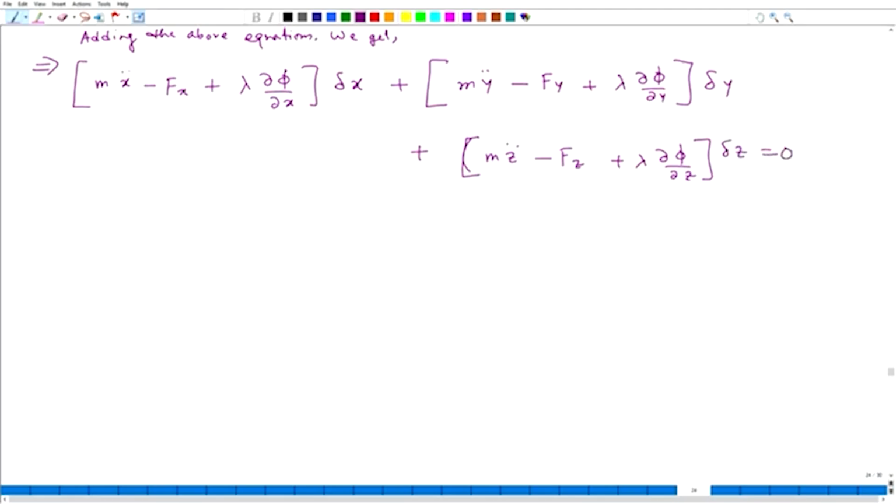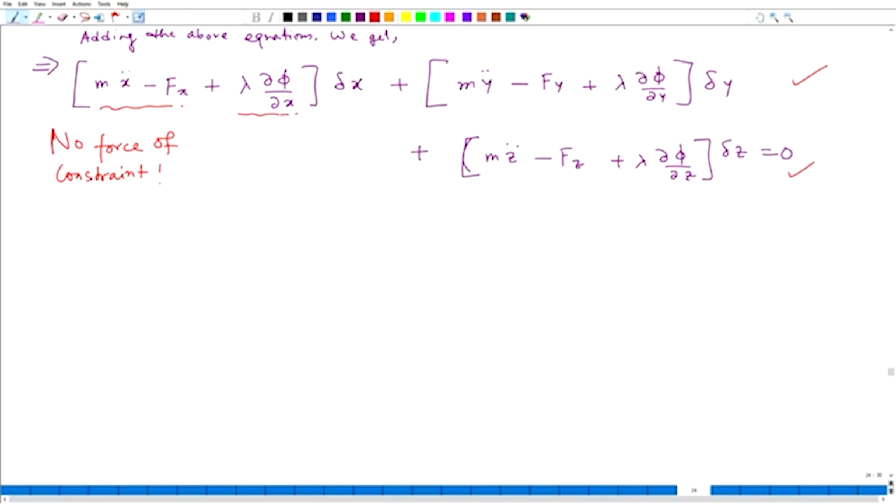Once again you see in this equation there is no force of constraint. But now we have written these two explicitly, that is the D'Alembert's principle and the part of the constraint explicitly together.